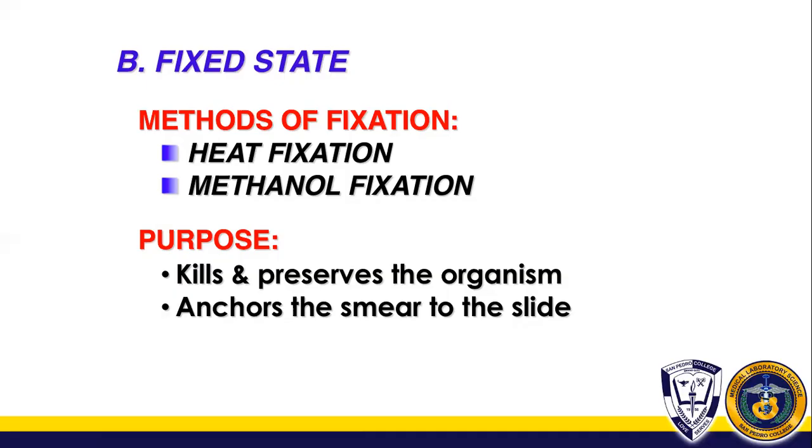You can also make use of methanol fixation. This one prevents lysis of RBCs. It is also useful in avoiding damage to host cells, and it results in a cleaner background compared to heat fixation.